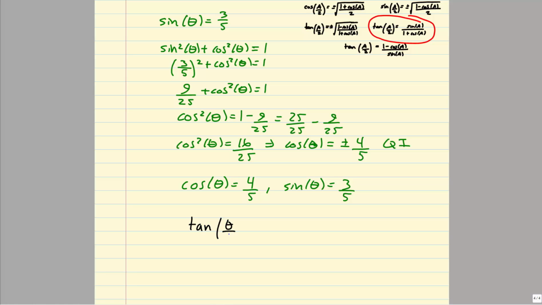of theta over 2, that's going to be the sine of theta over 1 plus the cosine of theta. So the sine of theta is 3/5, over 1 plus the cosine of theta. In the denominator I need to find a common denominator, so this would be 5/5 plus 4/5.